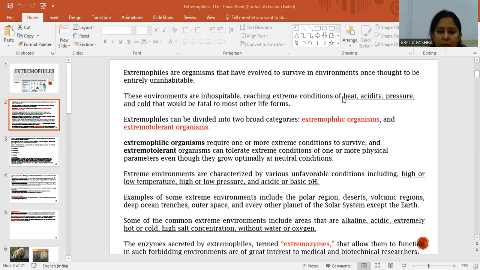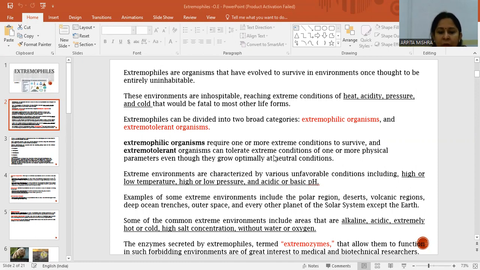And extremotolerant organisms are the organisms which can tolerate extreme conditions of one or more physical parameters, even though they grow optimally at neutral conditions. So the difference is, extremotolerant organisms normally prefer to grow in normal conditions, but they can survive in extreme conditions also, while extremophilic organisms love or are capable of surviving in extreme conditions.